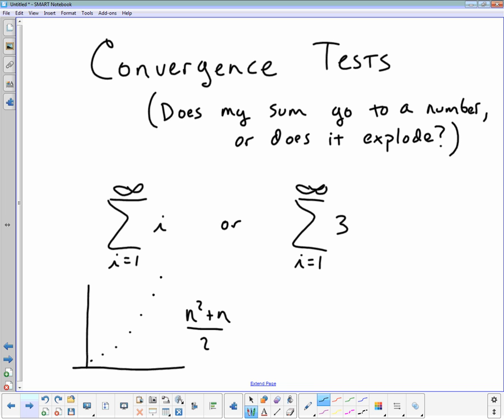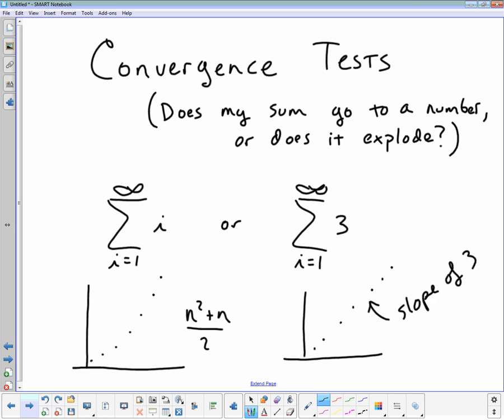And all this really is just a parabola with a coefficient of 1/2 in front of it, right? So that guy explodes like a parabola. This guy, 3 plus 3 plus 3 plus 3 plus 3. Just every step add 3. You have a slope of 3, right?